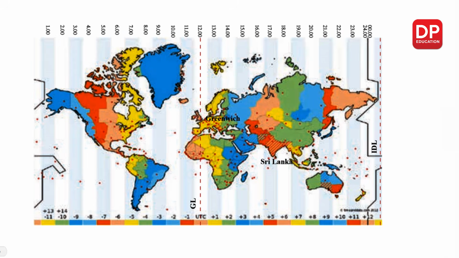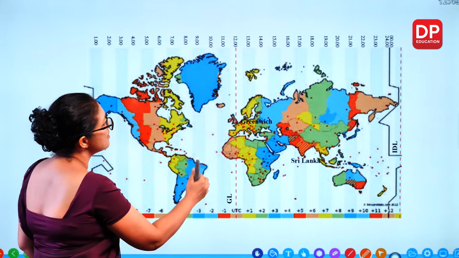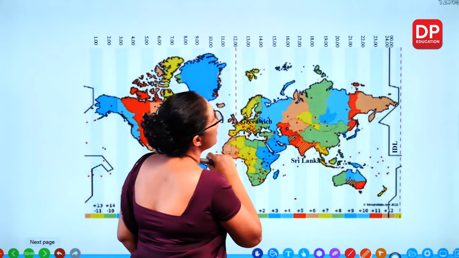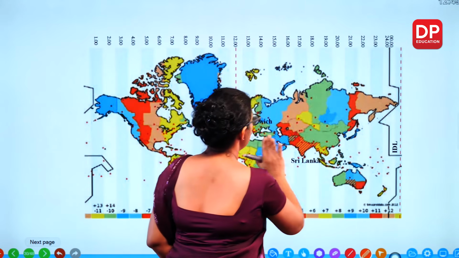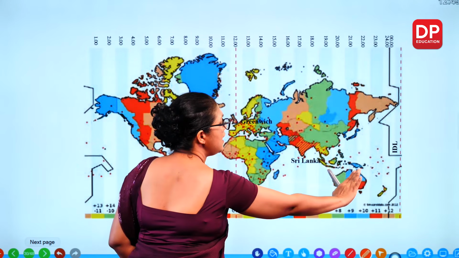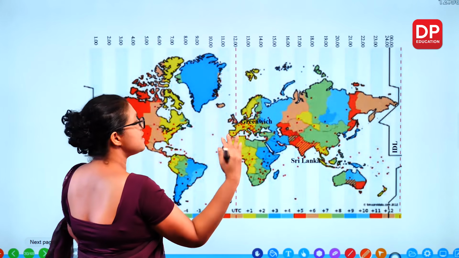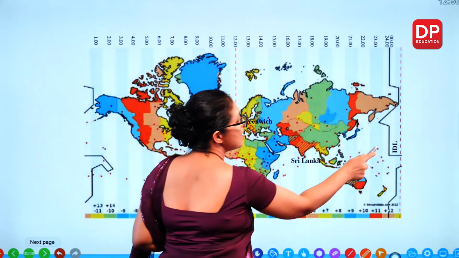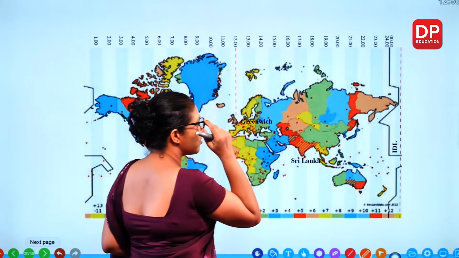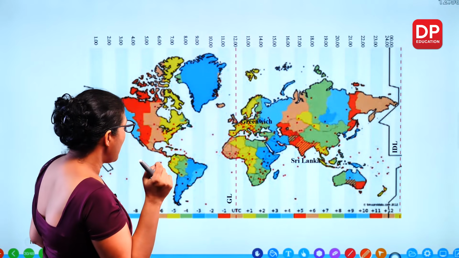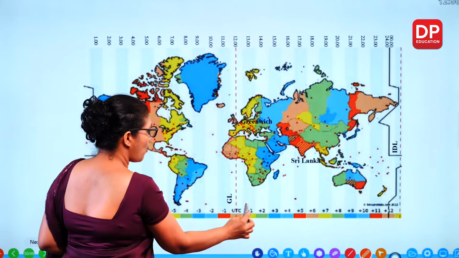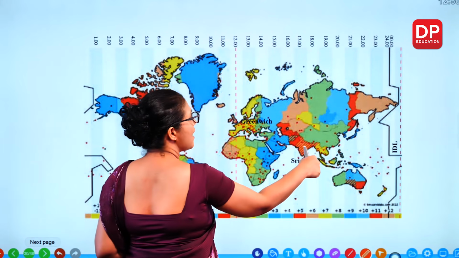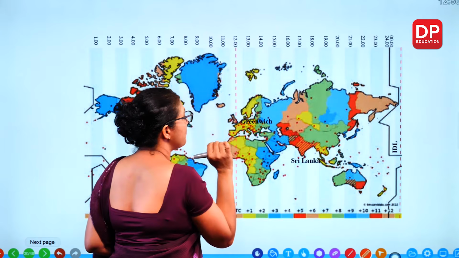This is the map. Look at the map here. This is the Greenwich timeline. And here, this is plus 180 and minus 180 when you connect. So it meets at the IDL, meaning International Date Line. And here look at these +1, +2, +3 towards the east side. So Sri Lanka is on the eastern side.